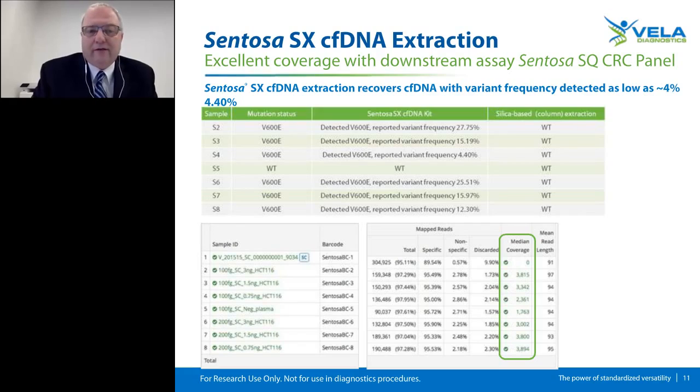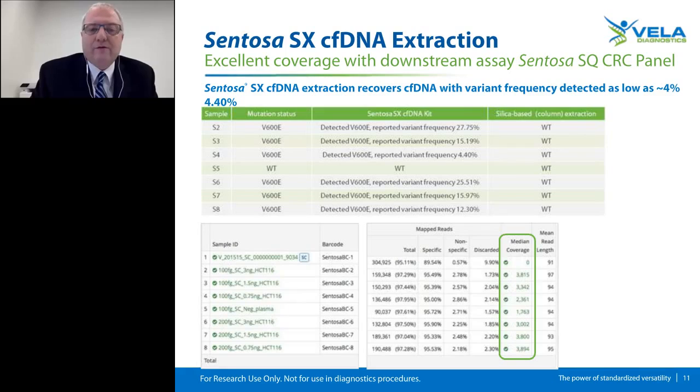In the Centosa SQ-CRC panel, what we did was take negative plasma material and spike that negative plasma material with known quantities of cancer cell line. And these are the results that we obtained for 7 individual samples. Remember, there's always one control associated with the system as well.